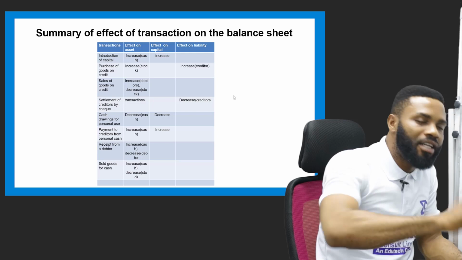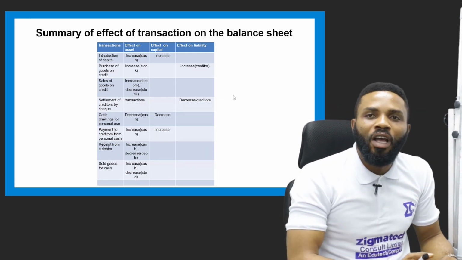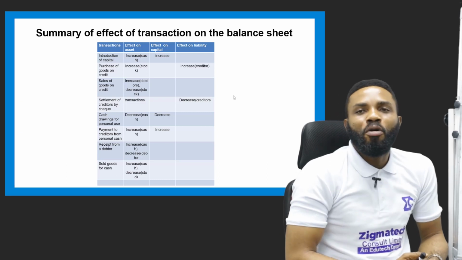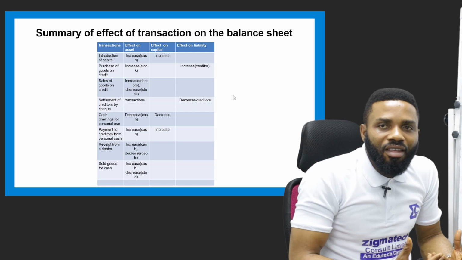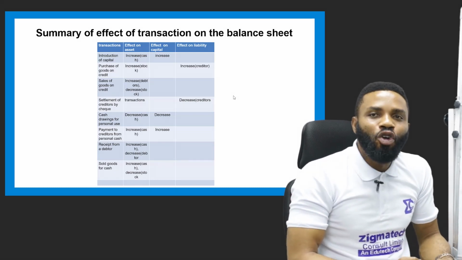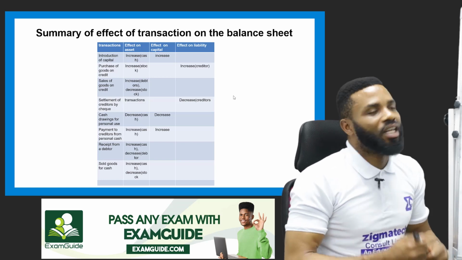Now let's look at the first one on this table. We have introduction of capital. When the proprietor or proprietress introduces money into the business, how does it affect the balance sheet? Now let's look at this.